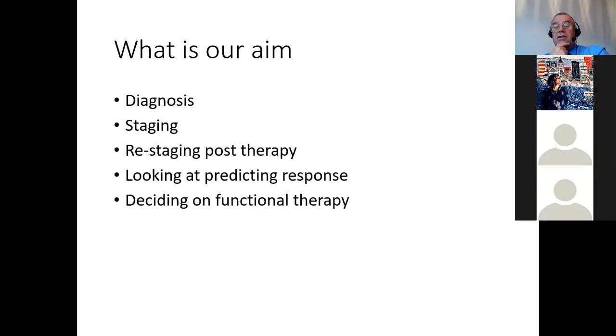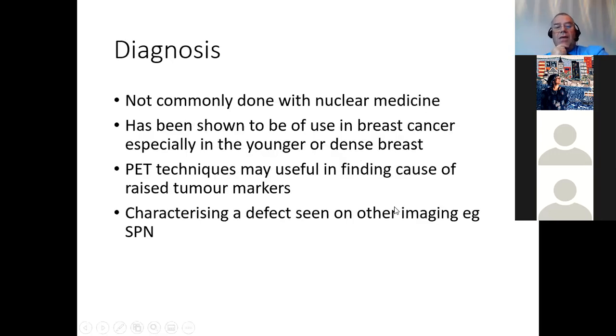And then in theragnostics, we're looking at functional therapy. This might be radioactive or non-radioactive, but it involves monitoring which patients should have that treatment and how effective it is. If you're using a functional therapy, and by that I would include things like immunotherapy and radioligand therapy, then having a radioligand imaging system is a very good way to see what's happening with the patient. So all these are areas which are increasing.